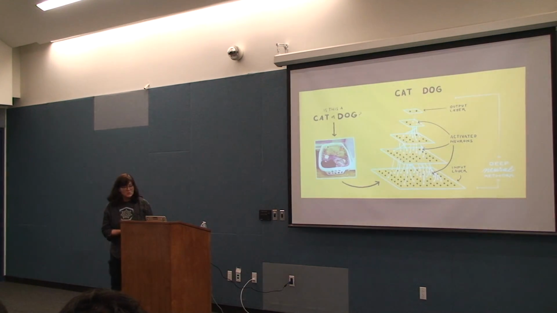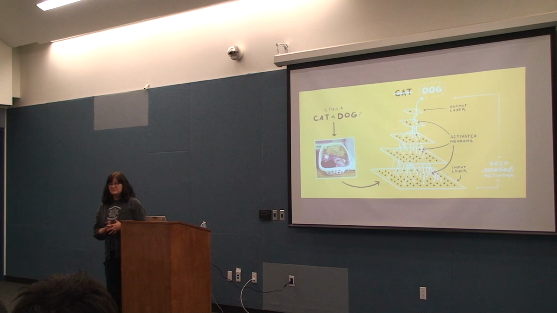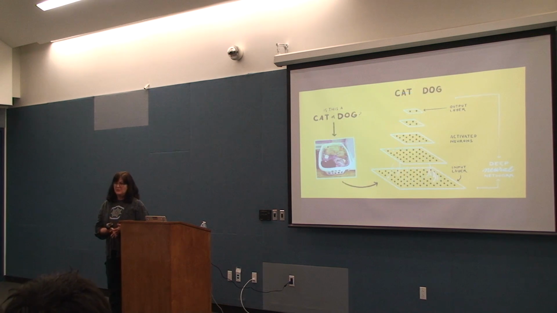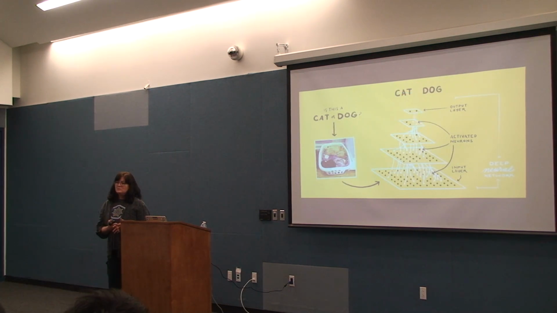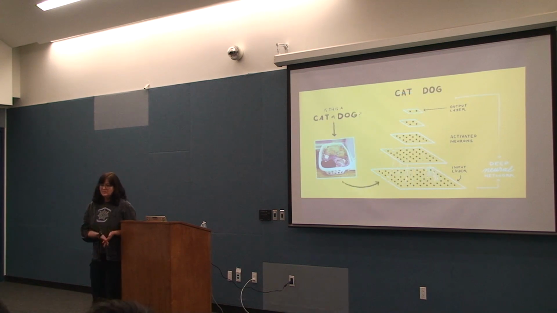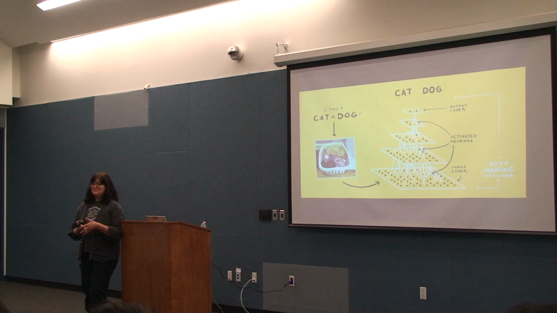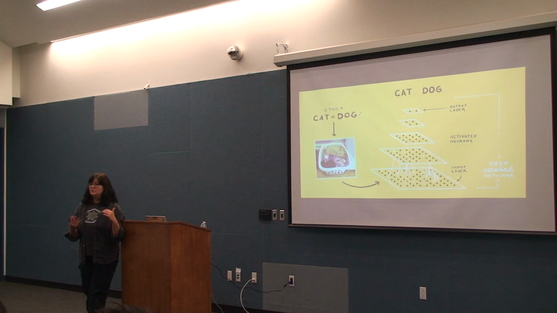Okay, so just to say a little bit about deep learning. Deep learning is a very trendy, buzzworthy phrase these days, but you can think of it as essentially just building large, many-layered neural nets.